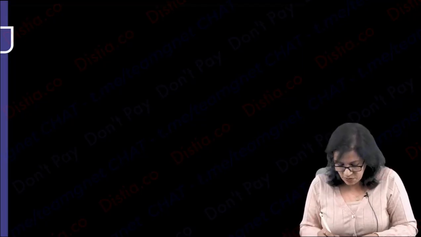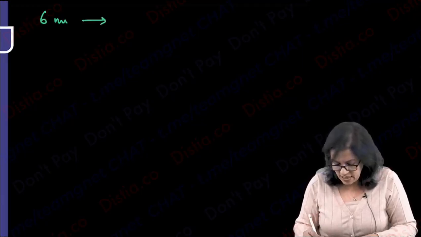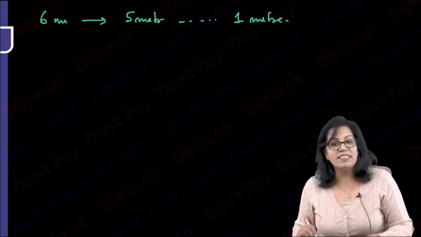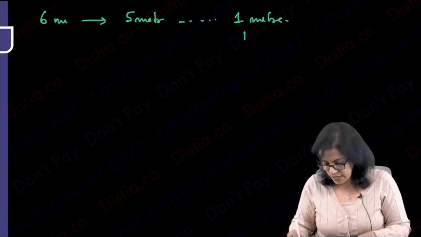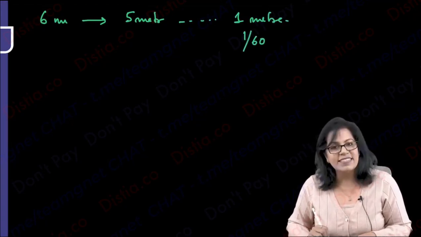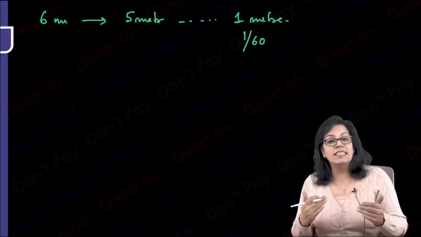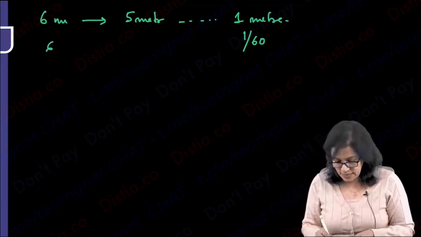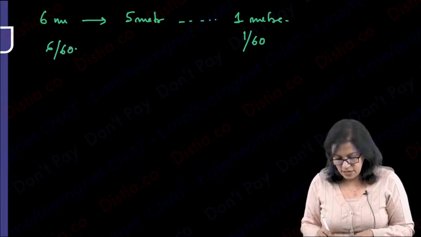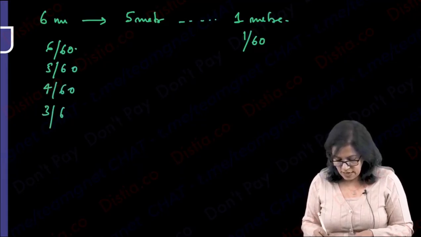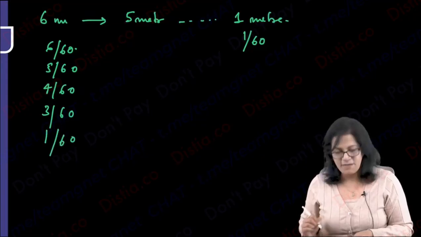So generally, you have checked at 6 meters, he is not able to read. Make the distance shorter: 5 meter, 4 meter, 3 meter, till you come to 1 meter. If at 1 meter he is able to read, then his acuity becomes 1 by 60. Or it could be 3 by 60 or 5 by 60, depending upon at what distance he is able to read. So, did you understand? 6 by 60 is one thing, then it could be 5 by 60, 4 by 60, at 3 meters, and finally at 1 meter, 1 by 60.